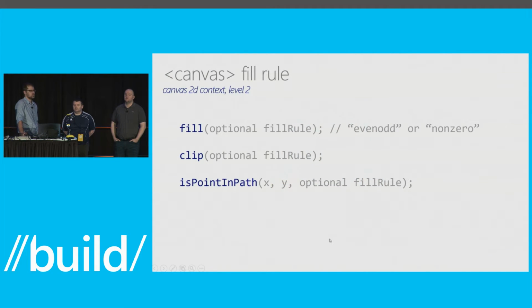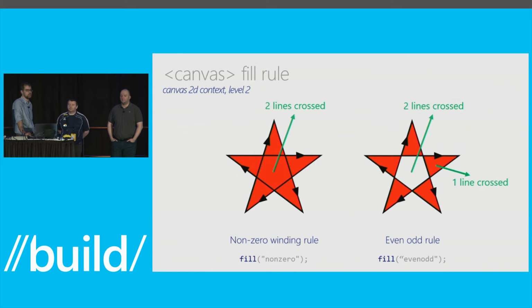Similarly, Canvas fill rule. You might have noticed these optional attributes on these APIs. We have support for this in IE11. What this does really is it allows you to set the way to fill a shape that you're drawing with a path. By default, Canvas uses the non-zero winding rule unless you change it over to the even-odd rule.